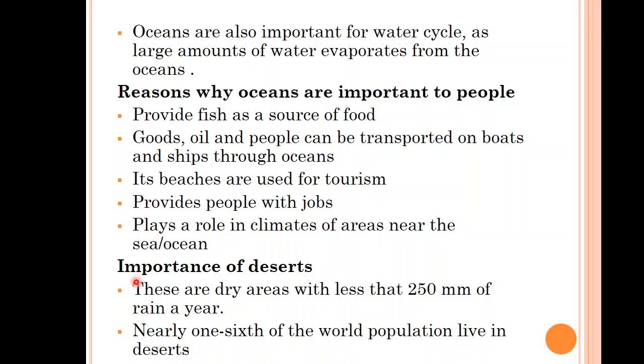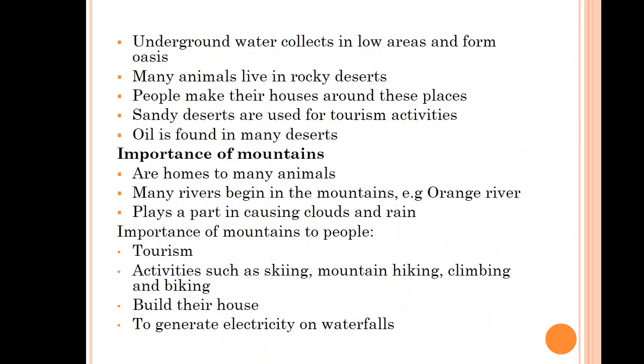And then the next important is deserts. The importance of deserts. What are deserts? Deserts are dry areas with less than 250 millimeters of rain a year. So basically the deserts do not really receive much rainfall. And nearly one sixth of the world's population live in the desert.